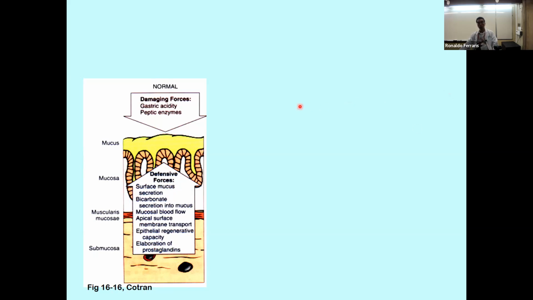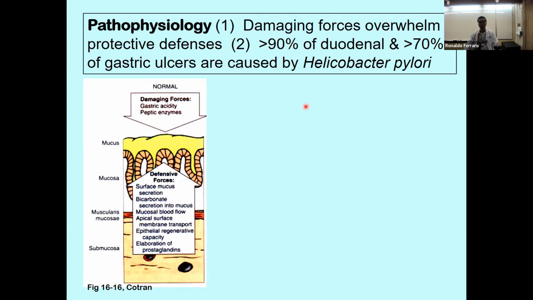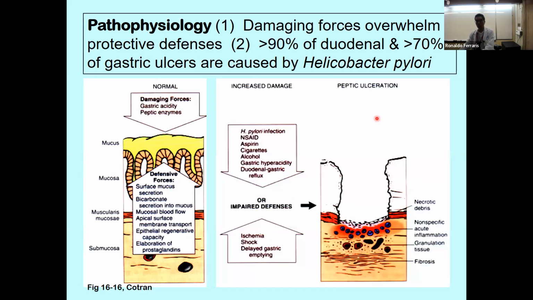However, you can get ulcers because of H. pylori, a bacteria found in your stomach that irritates the mucosal lining. This occurs when the damaging forces overwhelm protective defenses. This is represented by increased damage and an ulcer forms, or because of impaired defenses.